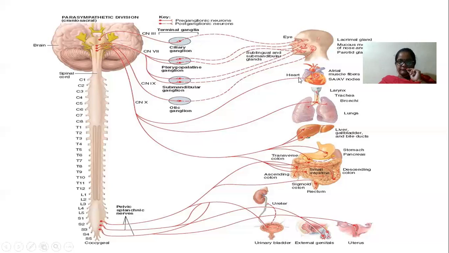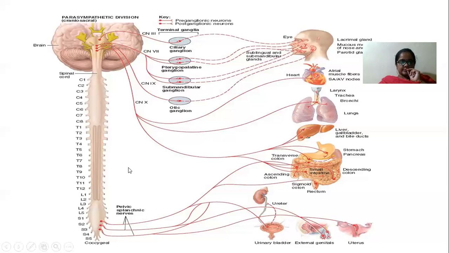It controls the heart functions, and the larynx, trachea, bronchi, lungs, liver, gallbladder, bile ducts, stomach, pancreas, small intestine, large intestine, and colon. All those things, all the digestive organs and respiratory organs also.